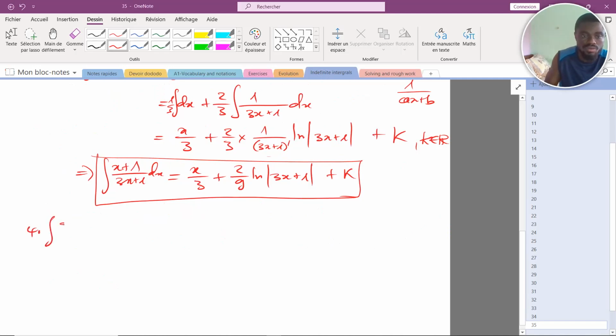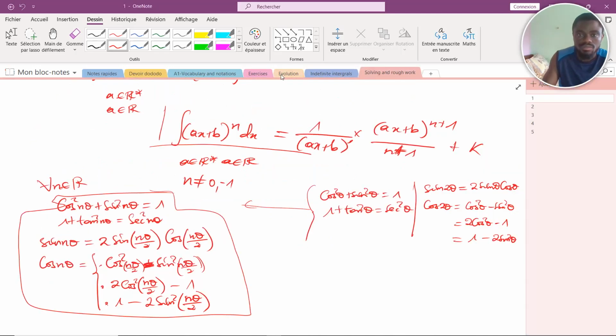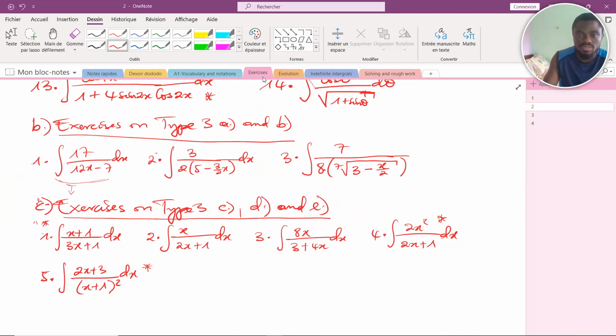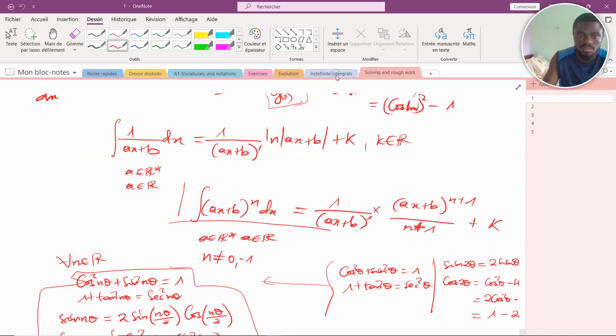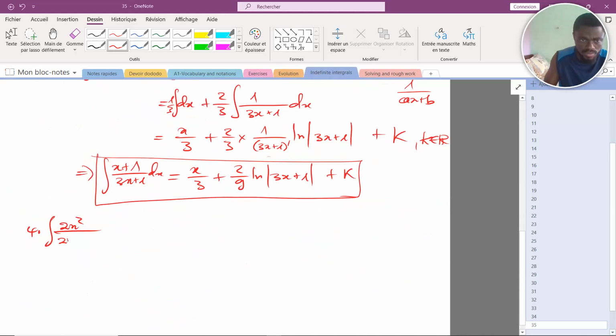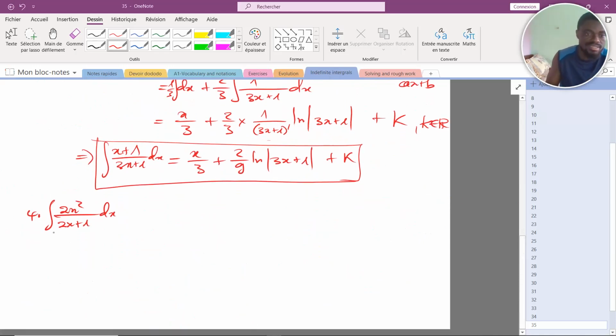The integral of 2x squared over 2x+1, 2x squared over 2x+1 dx. Okay, we basically see that this integral is in the form h(x) over ax+b.